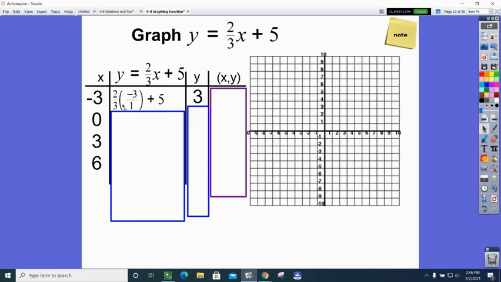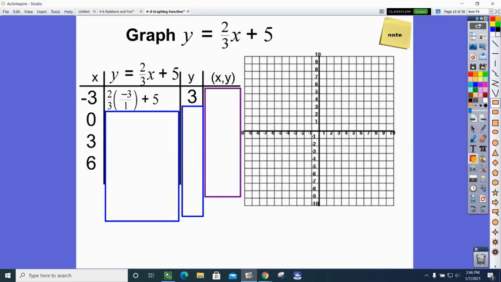So when I multiply this fraction by a multiple of 3, it doesn't give me a fraction. The 3 and the -3 basically canceled. You remember doing cross-canceling with fractions last year when you were in 7th grade. Let me just get a line here and I'll remind you of this. So this 3 basically cancels, leaving a -1 on the top. So we have a -2 over 1. So this simplifies to -2 plus 5 is 3.